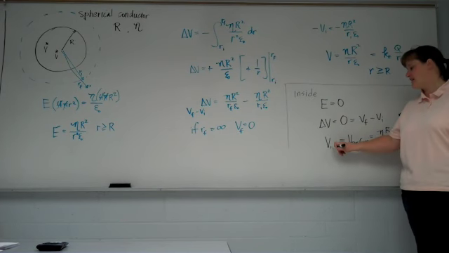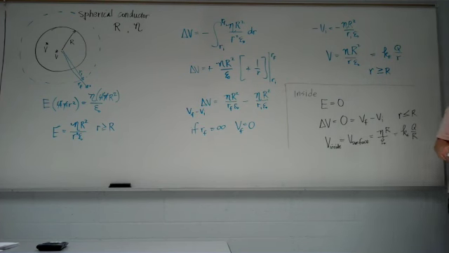The potential value inside, anywhere inside, is equal to the potential value at the surface. So everywhere inside the conductor, everywhere on the surface of the physical conductor, the potential value will be the same. It's actually a really important piece of information.